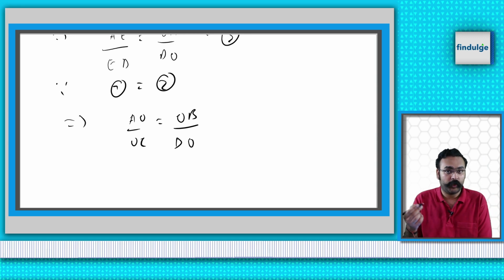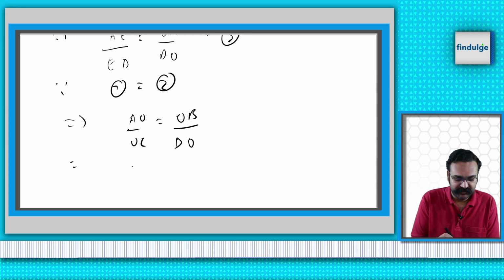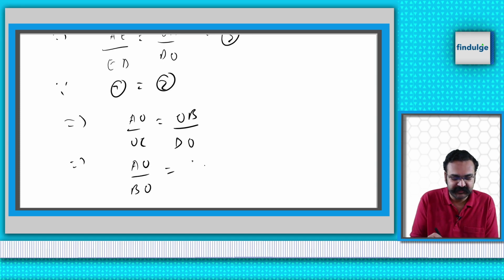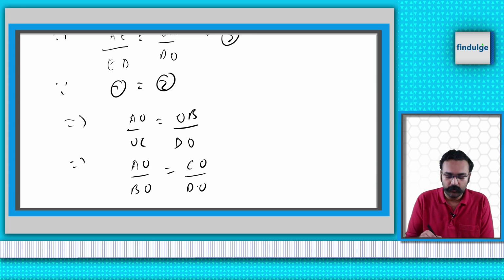And so, by cross multiplying, this means AO upon BO is equal to CO upon DO, which is what we had to prove.